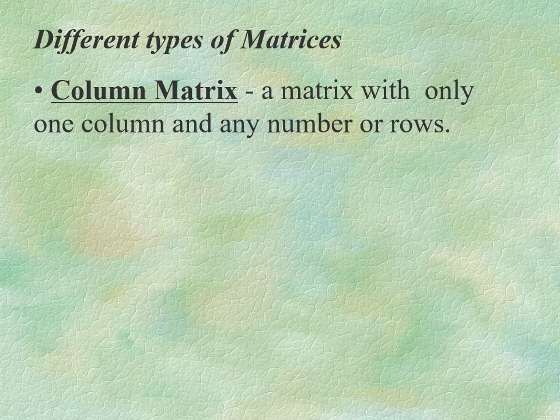So it can be one column, and here we can have 1, 2, 0. In this case, this is a column matrix with one column but 3 rows. It can be 4 rows or 2 rows and so on.